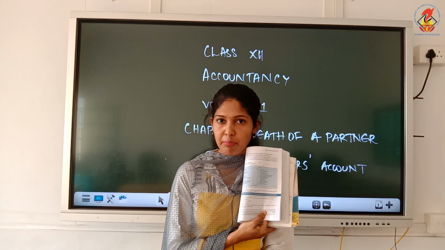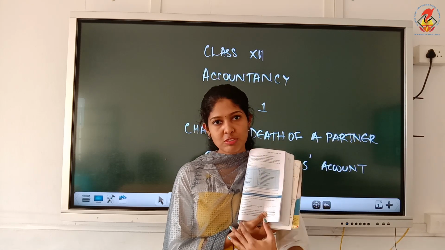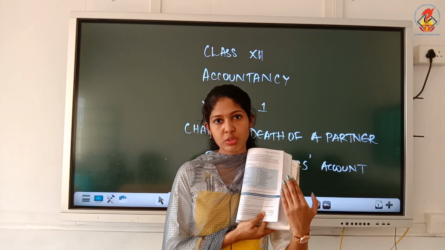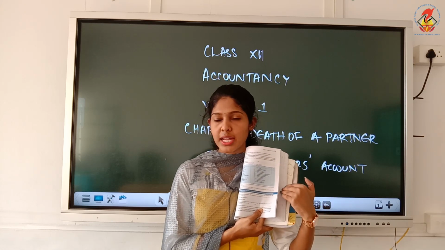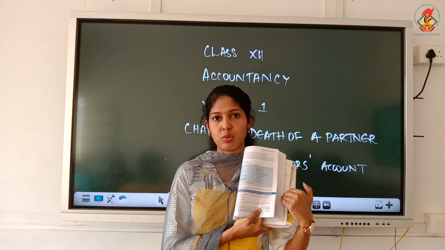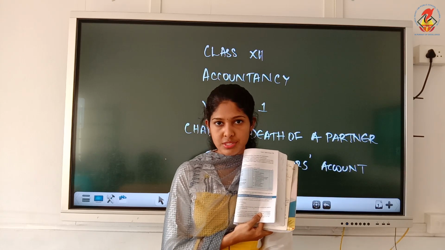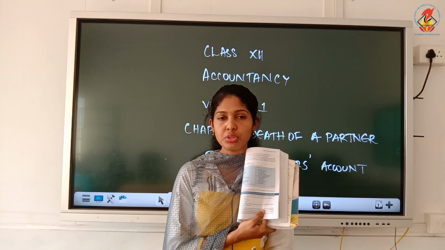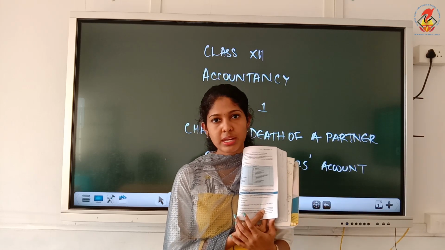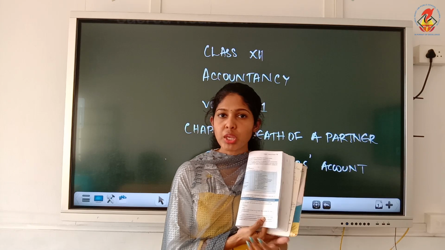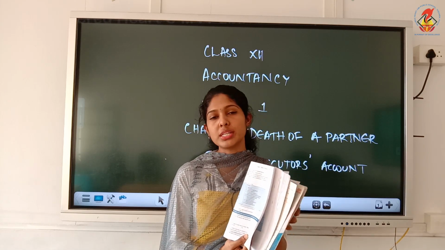But you have to remember one point. Suppose you are transferring general reserve, we know that it will be transferred to the opposite side. That means it will come to the credit side in the deceased partner's capital account. So when you write by general reserve and take the amount, if it is given like 21 lakhs, the total amount is 21 lakhs, usually what will you do? You will divide it in their old ratio.